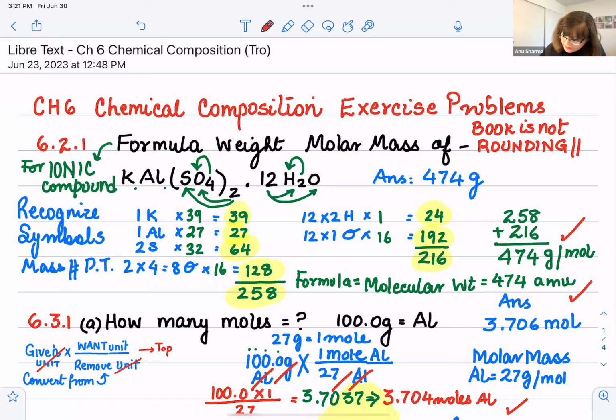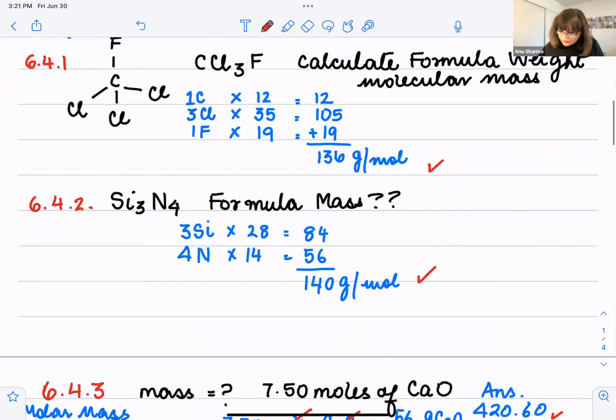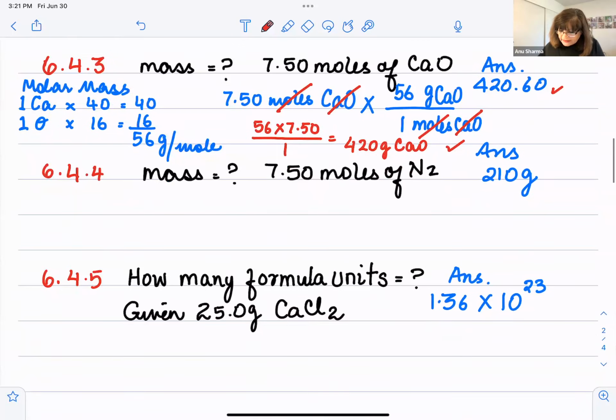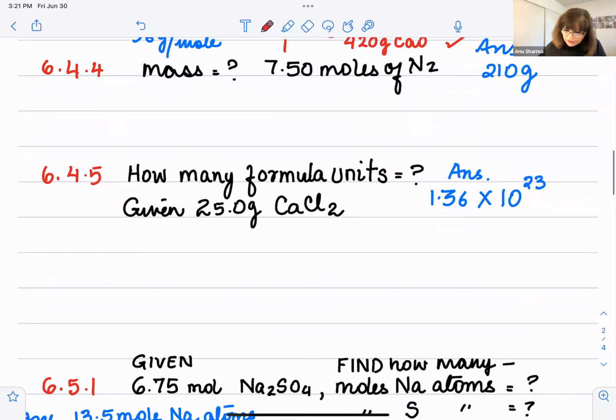Therefore, there is a slight variation in answers. But that doesn't mean that the answer is wrong. The method is correct. So these are the right answers. 420. I have the answers written just so I could show.